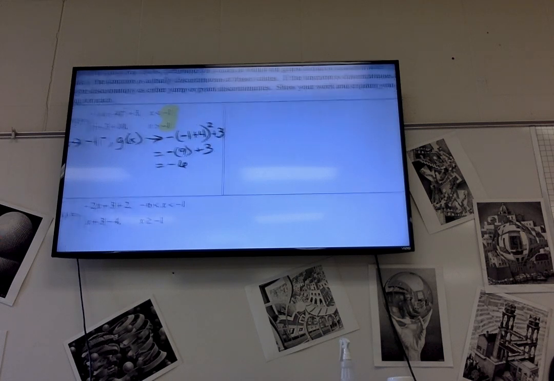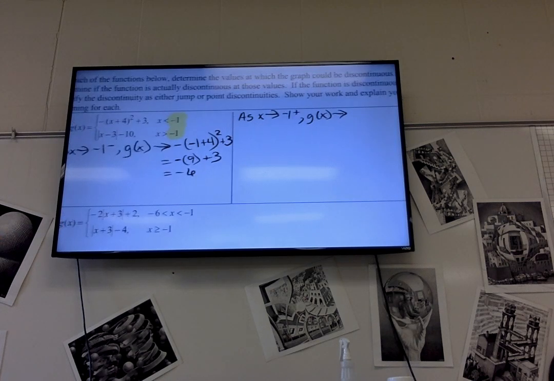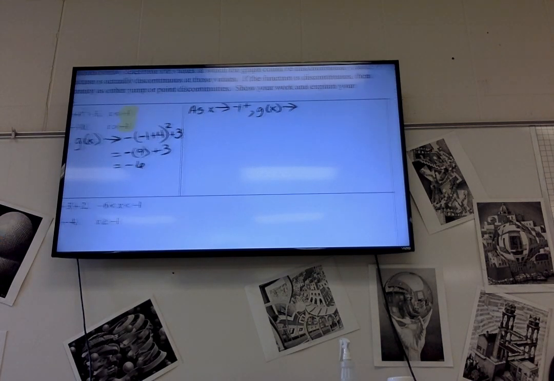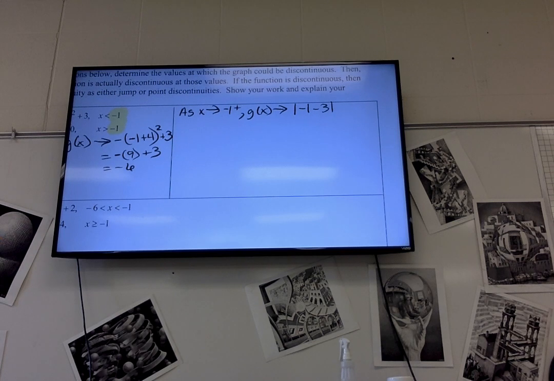Okay, so the next one, as x approaches -1 from the right, what does g of x approach? The absolute value one, the second one, because that's where it's greater than -1. So absolute value of x, which is -1, minus 3, minus 10.